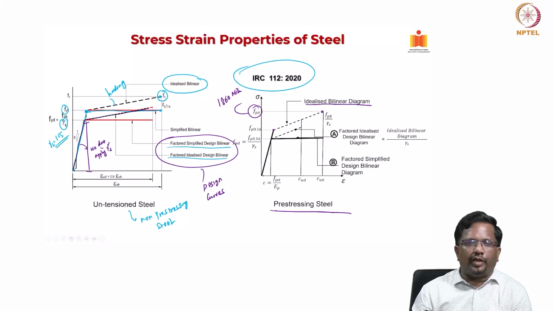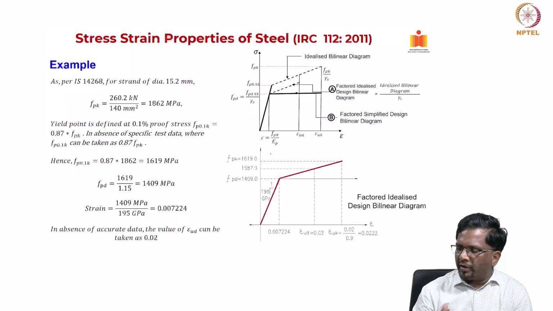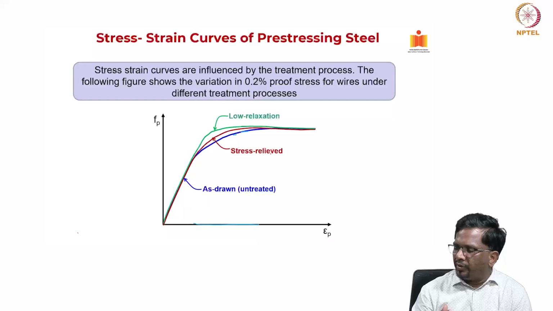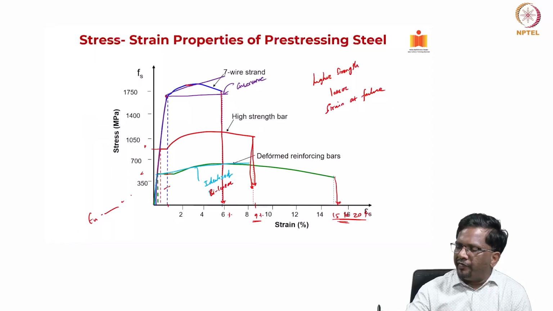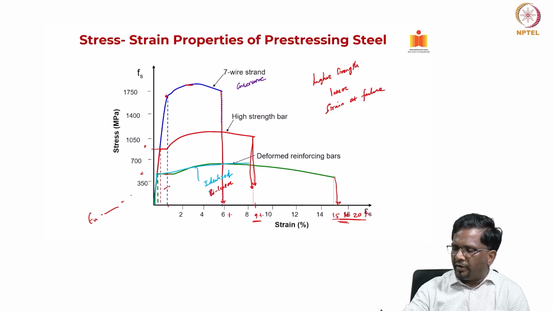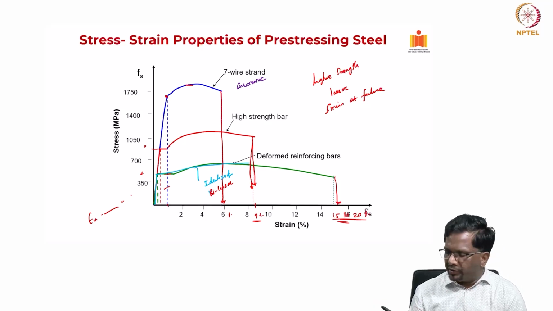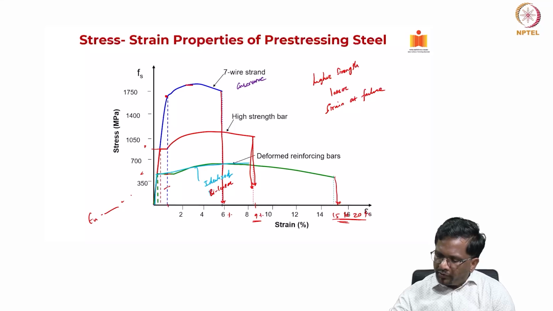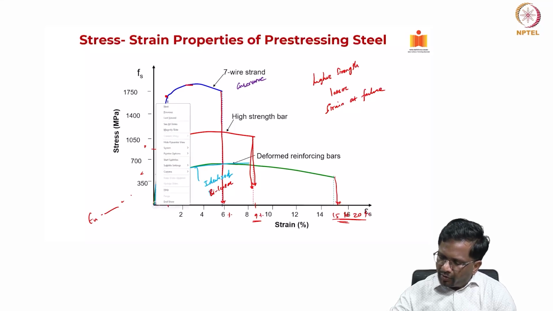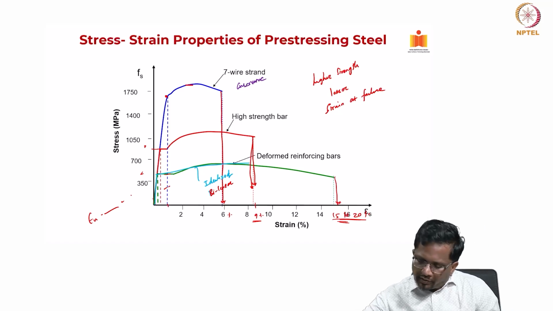So that's what we take as a yield strength, because if you go back again to this curve, you don't get a very well defined yield point, right? This curve is an ideal curve, so you don't get a well defined yield point. So what we do is we take this 0.1 value, and you draw a straight line like this.